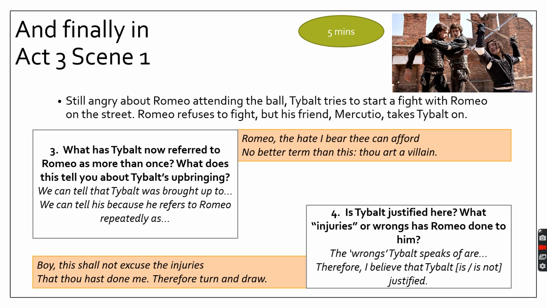And he says, "Romeo, the hate I bear thee can afford no better term than this. Thou art a villain." So here he's saying, the hate that I have for you, I can't even call you anything other than a villain, basically.